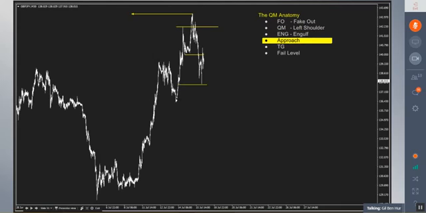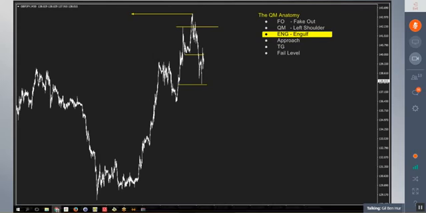You see here, let me go back. You see here we have another little Quasimodo level, and here we have some clean order flow. This is the extreme target.